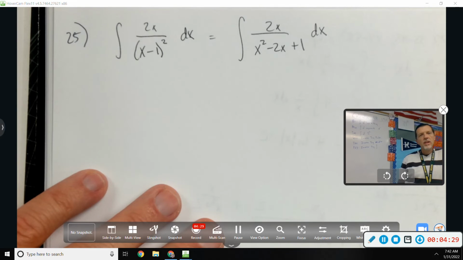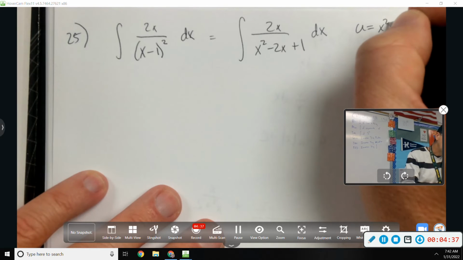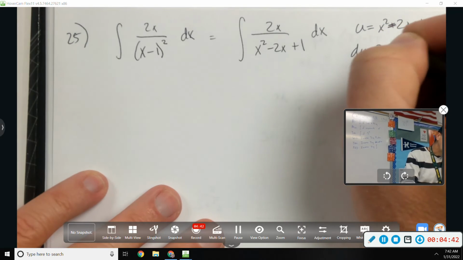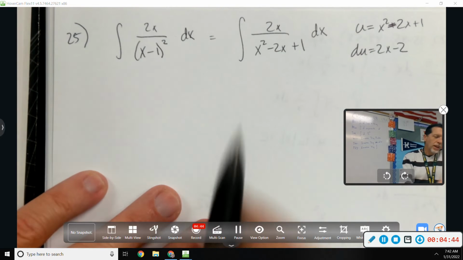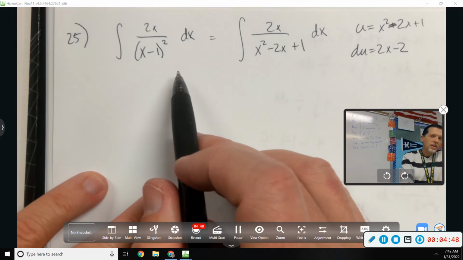The u didn't work with the bottom because it kept coming out to just 1. If you let u be the inside, well, if I multiply it all out, then du isn't there. And I can't do a -2 here and a +2 on the outside. That doesn't work.